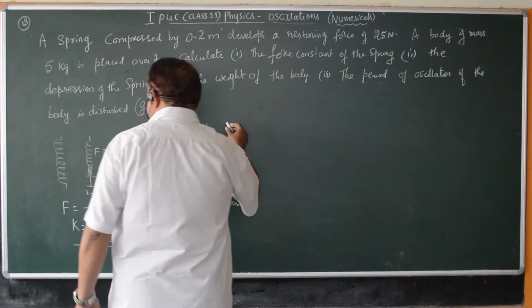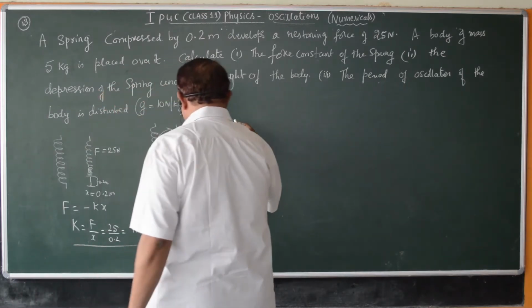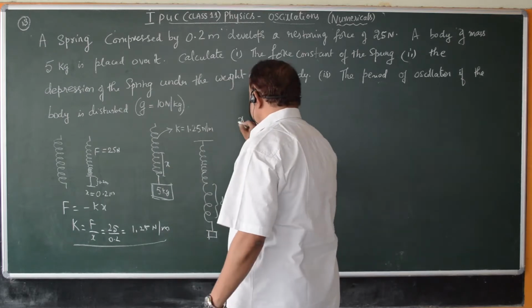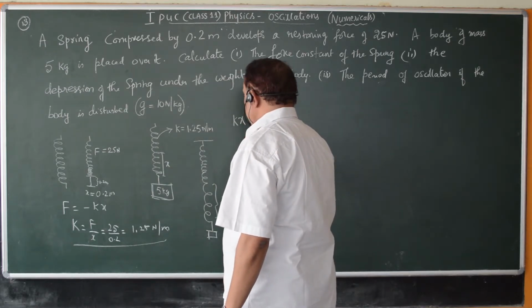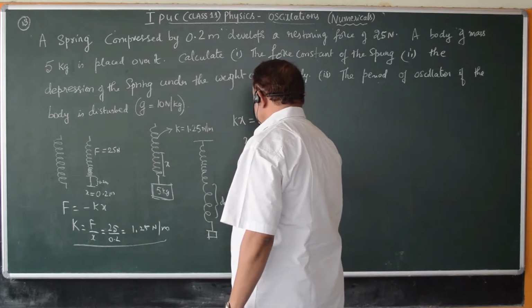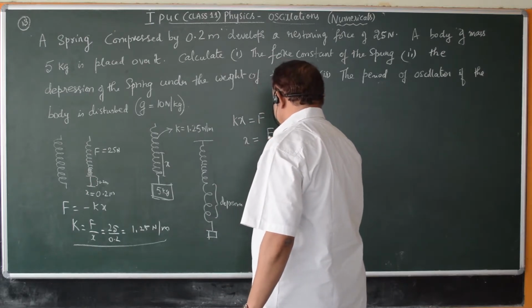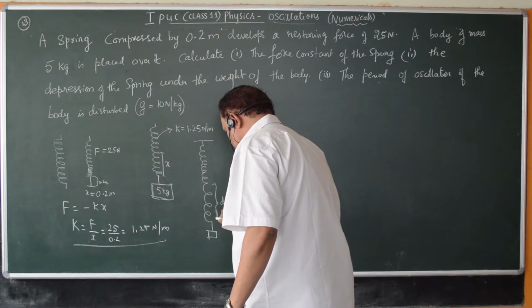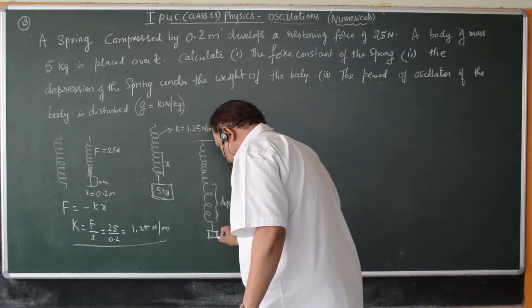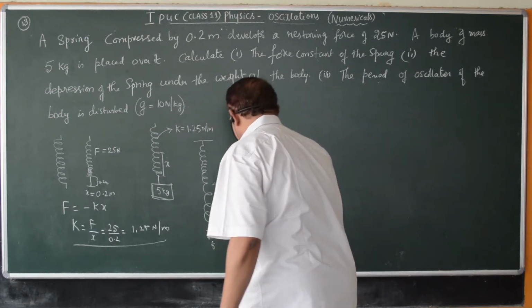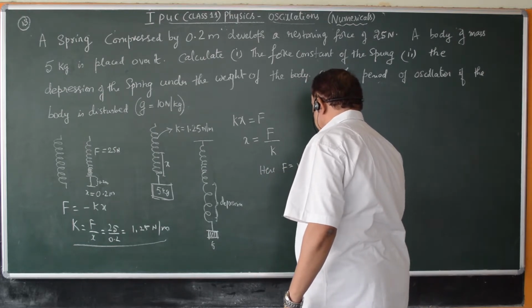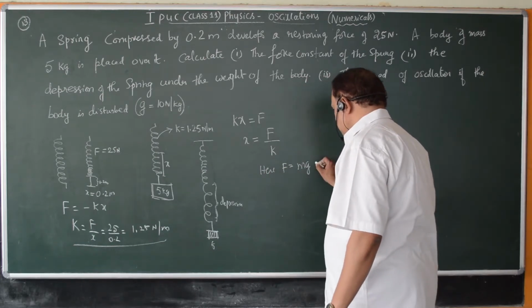See, now I can take x from this relation. I just want to find out x. Kx equals F. Therefore, x equals F by k. But here, the force acting on the spring is due to the weight of the 5 kg suspension. So here, F is equal to the weight of the 5 kg, that is mg.